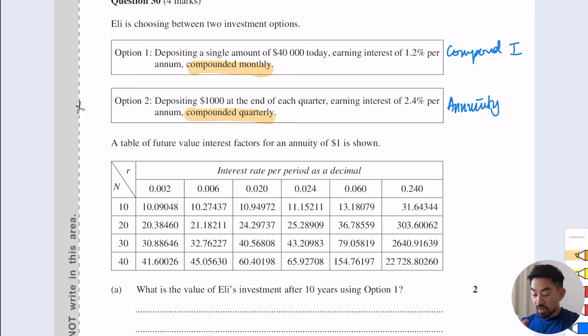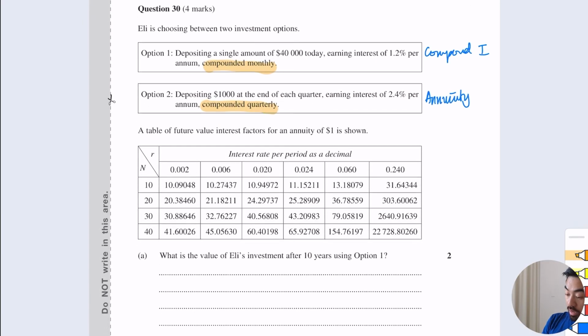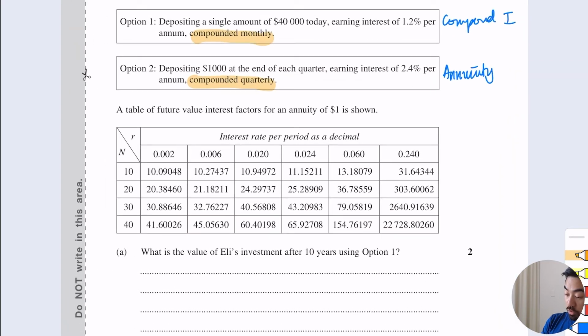Okay, so what is the value of Eli's investment after 10 years using option 1? So option 1 should just be our future value formula. So his present value is $40,000, 1 plus the rate, which is 1.2% per 12 months. And he's doing this for 10 years, so 10 years times 12, okay?